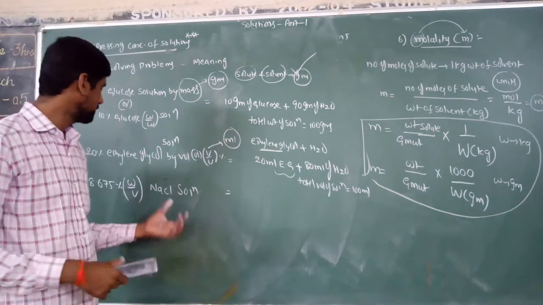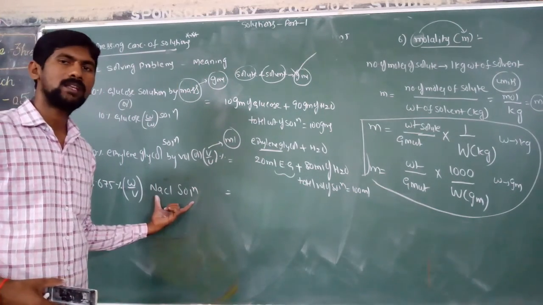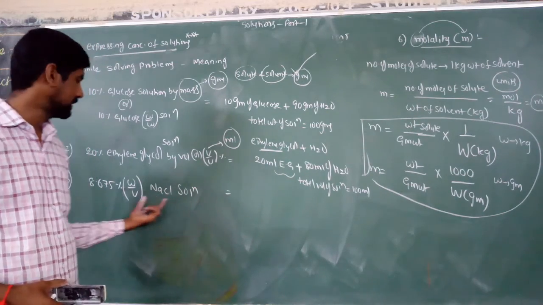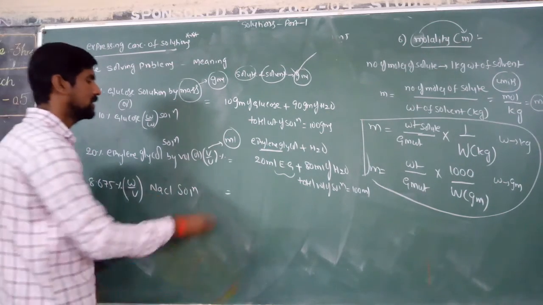And coming to the third one, what is the meaning of 8.675% weight by volume NaCl solution?